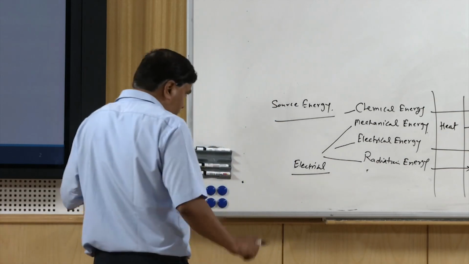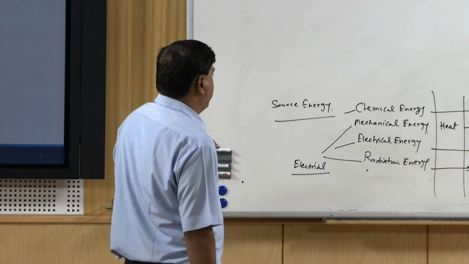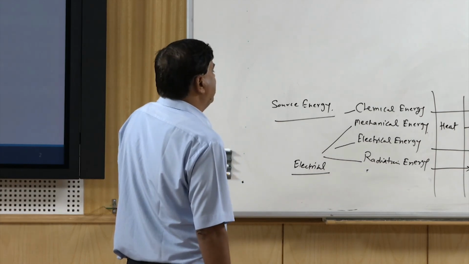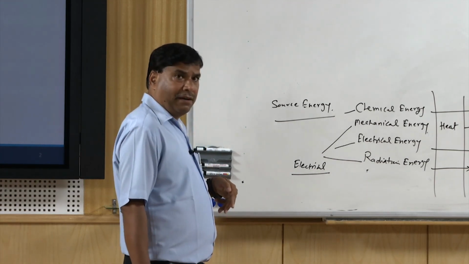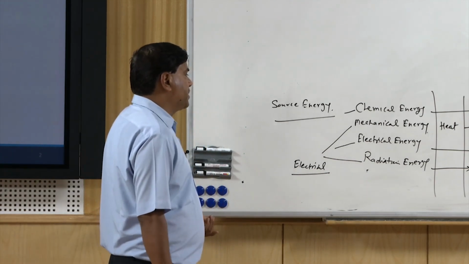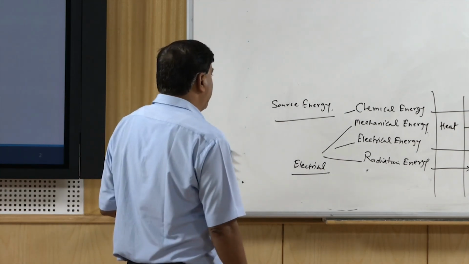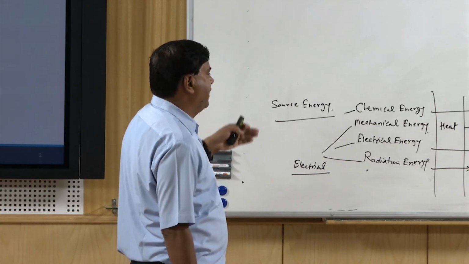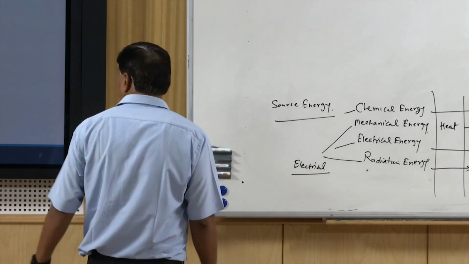So, although processes can be grouped like this, there is a non-clarity in the sense that the radiation and the mechanical energies are coming from the electrical energy. So, it's not quite right to say that they use the mechanical energy or the radiation energies.